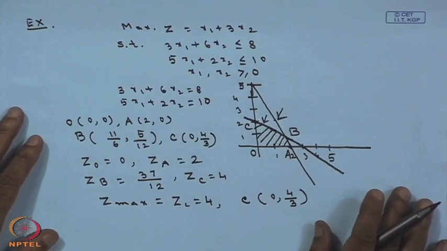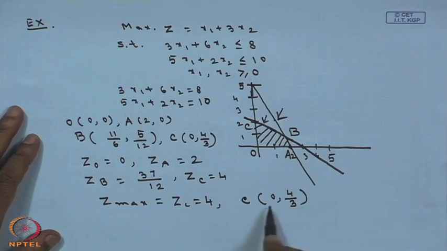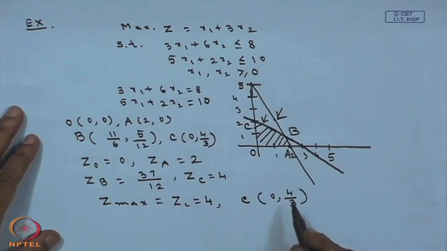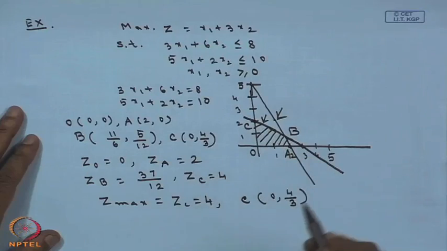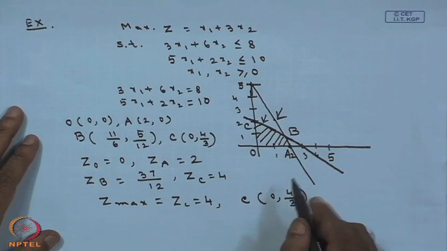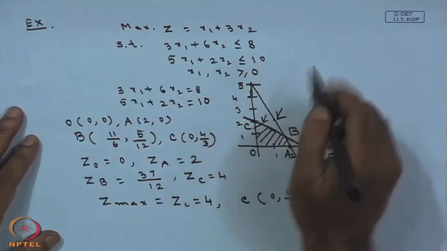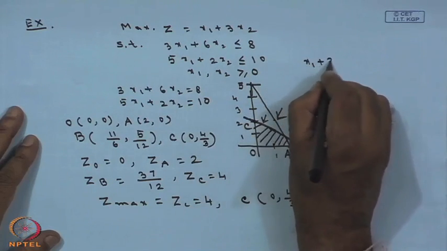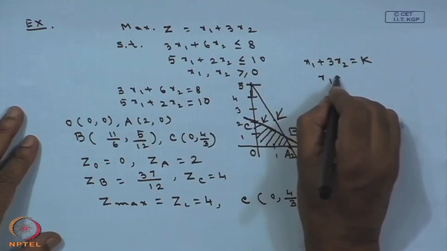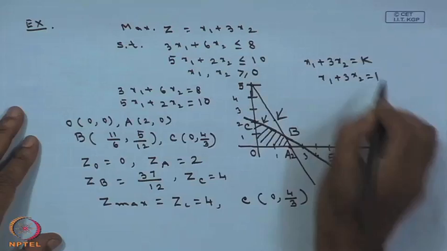I think it is clear from the example how we are obtaining the solution of this approach. Now, this is your search approach. Whenever I want to do it in the iso-profit approach, you will find out a solution equation of x1 plus 3 x2 equals k. In a particular case, say x1 plus 3 x2 equals 1.